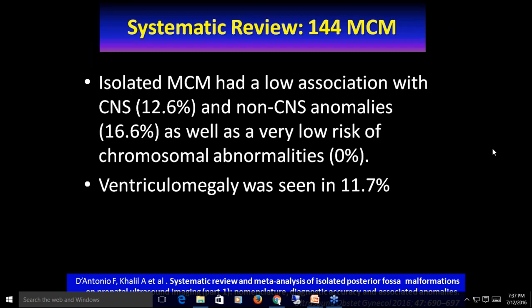Isolated megacisterna magna had a low association with CNS and non-CNS anomalies, as well as a very low risk of chromosomal abnormalities. Ventriculomegaly was seen in approximately 12% of the cases.